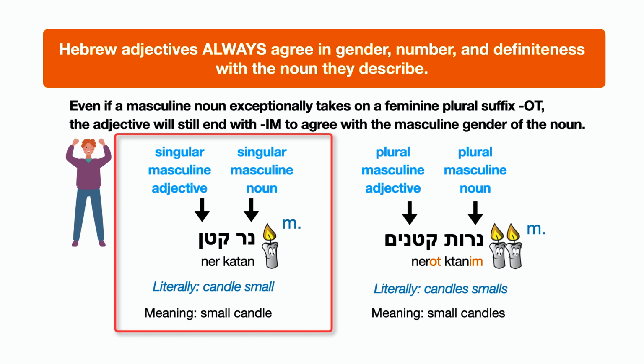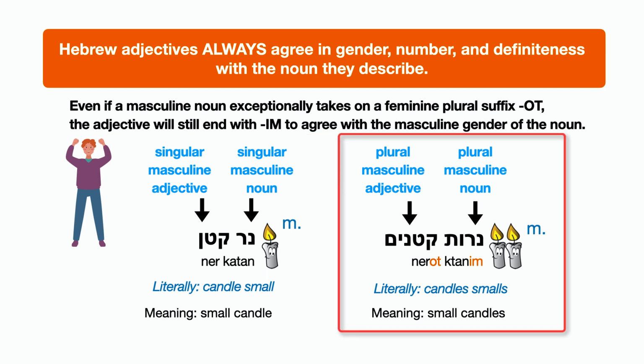You have a masculine singular noun, you have a masculine singular adjective. And to make it plural, small candles becomes nerot ketanim, because the adjective will always agree with the gender of that noun. It's male, so the adjective will be masculine.